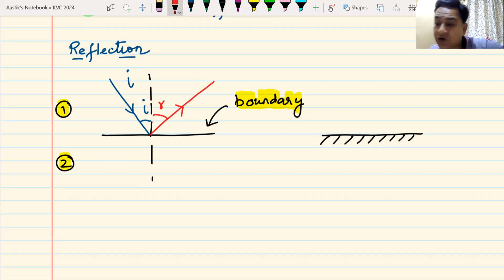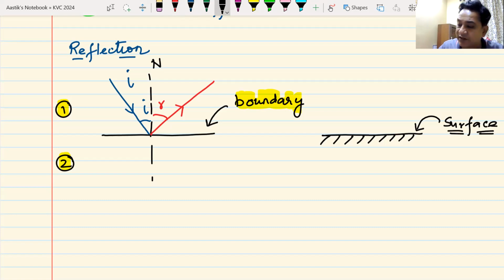This bouncing back of light in the same medium, when it strikes a boundary between two mediums or strikes a surface, is known as reflection. This is the best and the most appropriate definition of reflection.